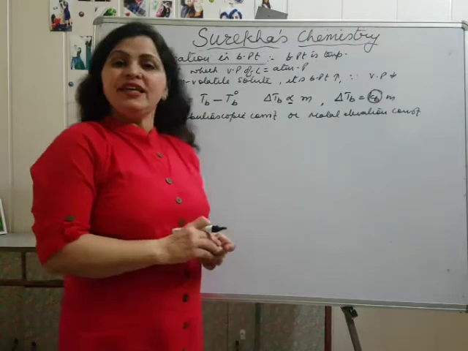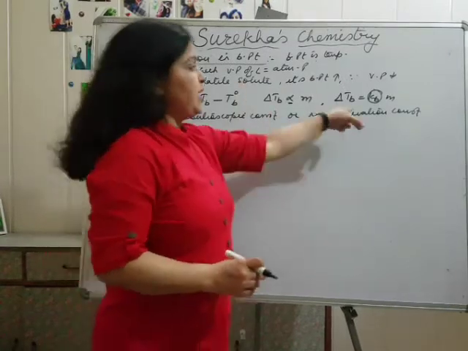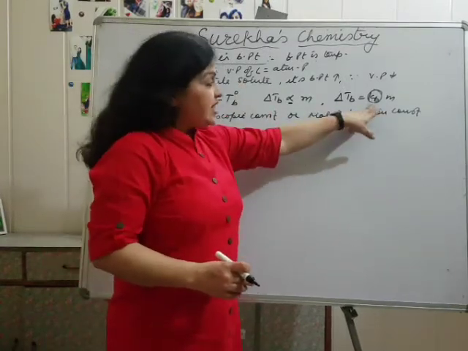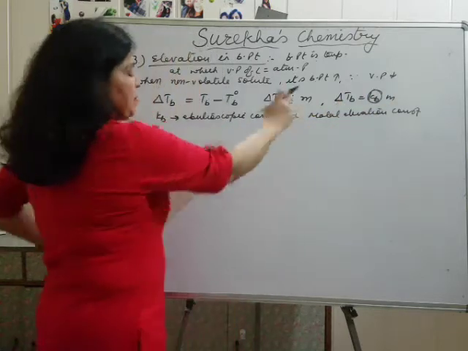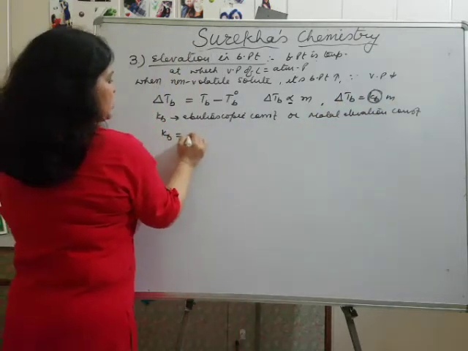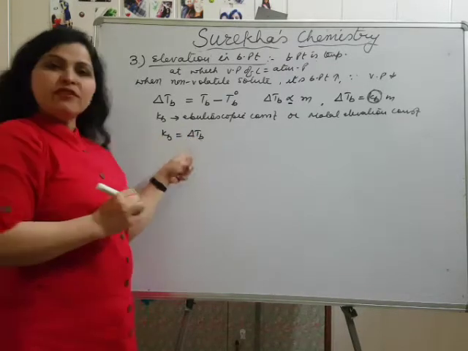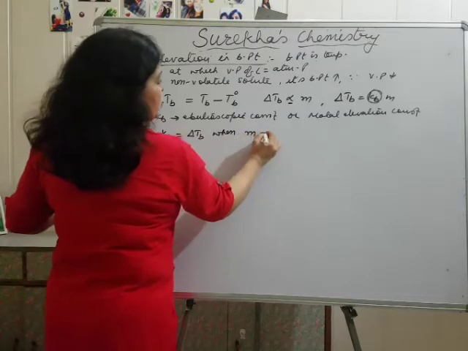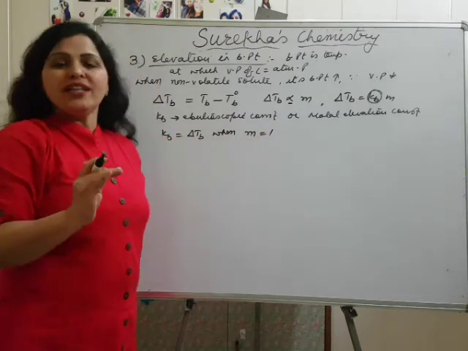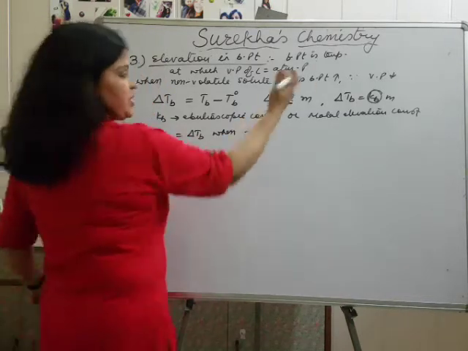Definition of any constant is very simple. It is equal to this when this is 1. So, Kb is equal to delta Tb, meaning elevation in boiling point when molarity of solution is taken to be 1 or unity.